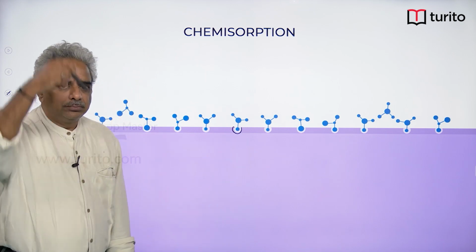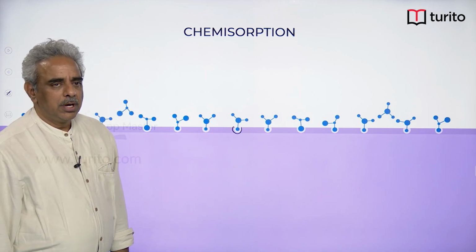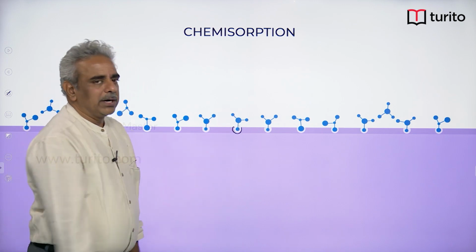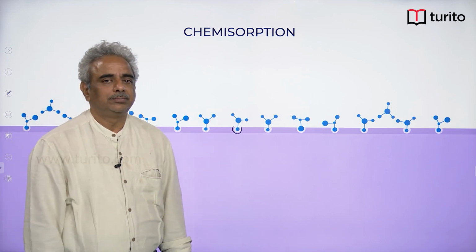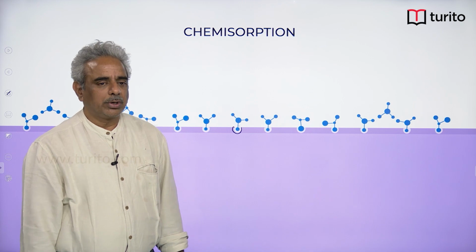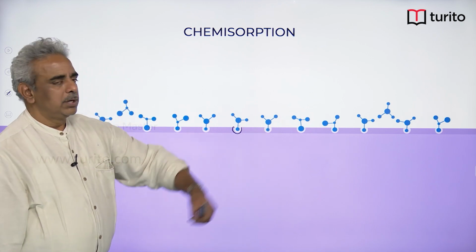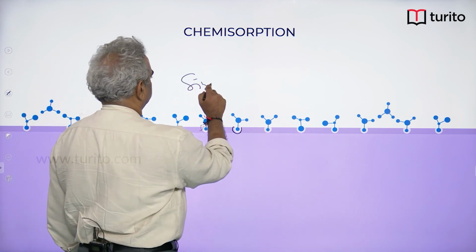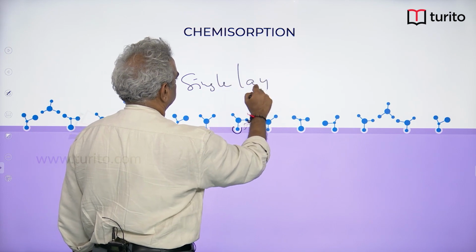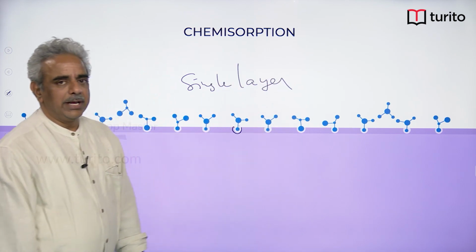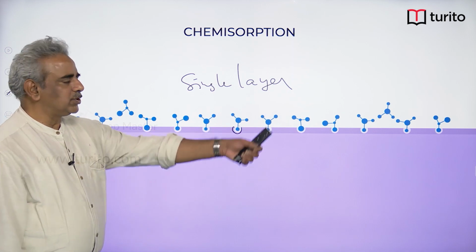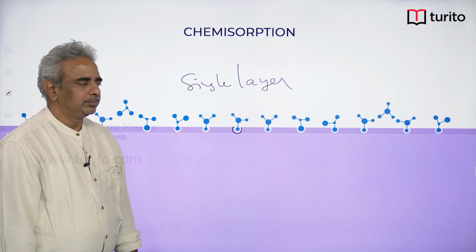In that dip the molecule is settling. Now, how can another molecule be attracted to this in that phenomenon? There is no scope. So, chemisorption is a single layer adsorption. By seeing this you can decide it is chemisorption.